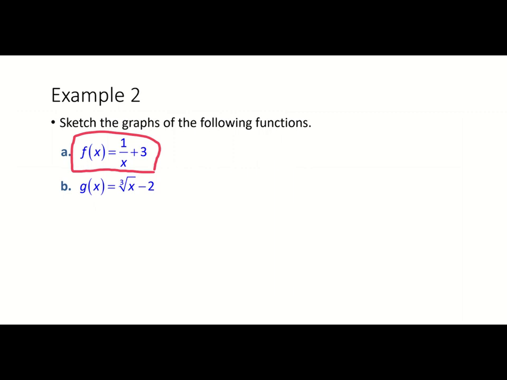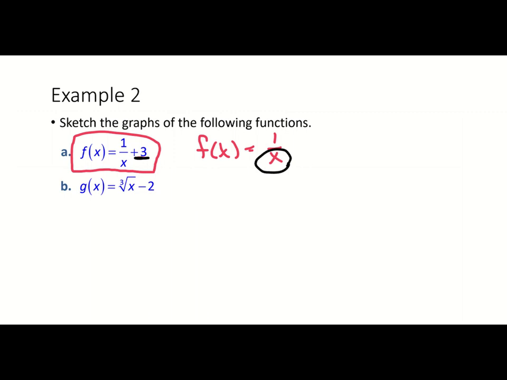In our case, our parent function, or the original function they started with, was f of x equals 1 over x. And then they added 3 to that. Notice the 3 is outside of this x value. Because it's outside of it, it's going to be a vertical shift, which means it's going to shift up 3. So this one's going to go up 3.